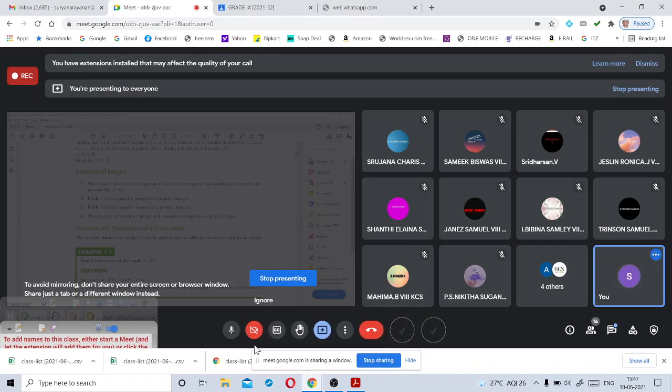Then we get the successor of the given number. If we want to find the predecessor of a given number, then we have to subtract 1 from the given number. For example, understood this point, my dear Srijana, Samik? What is meant by successor and the predecessor of an integer?